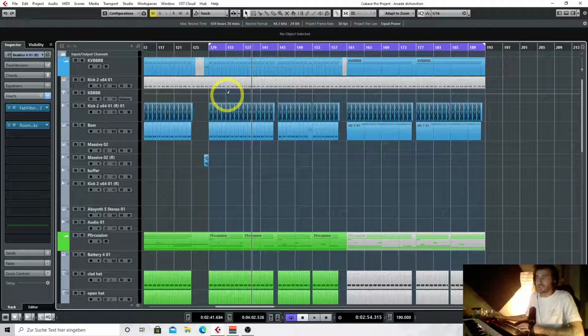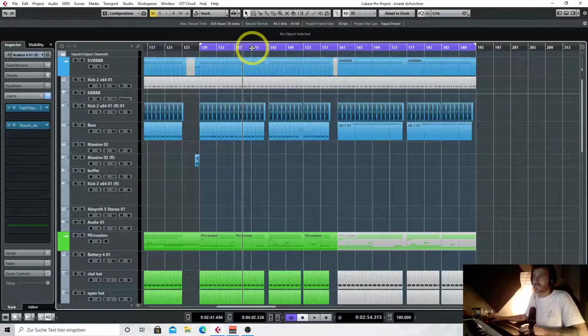Then I make a break, or I change something, or I do something with my bass line, and then I get to the next part. So see, like I did here.